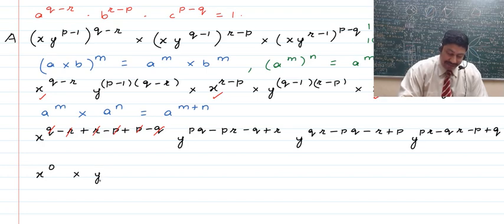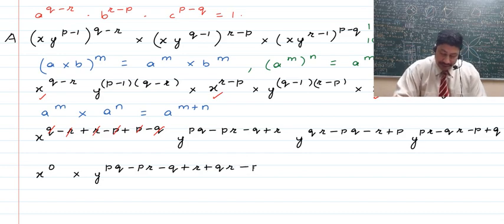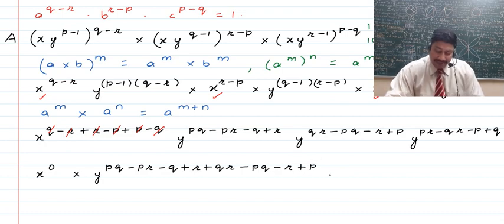Keeping y the same base, we will add all of these powers. So we have pq minus pr minus q plus r plus qr minus pq minus r plus p, and to that is added plus pr minus qr minus p plus q.